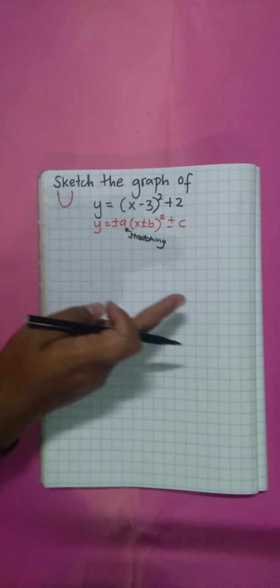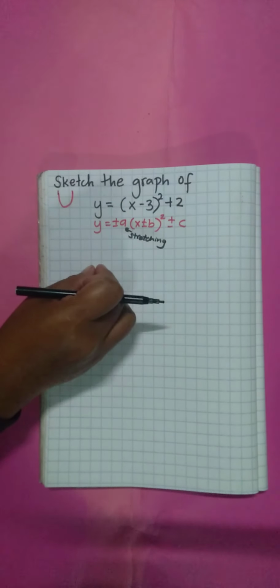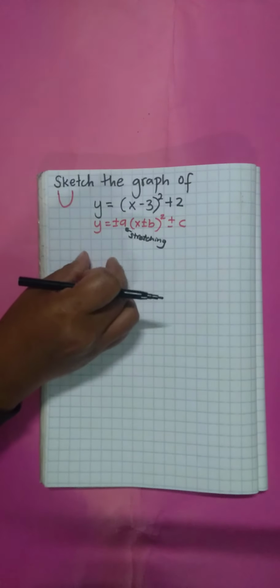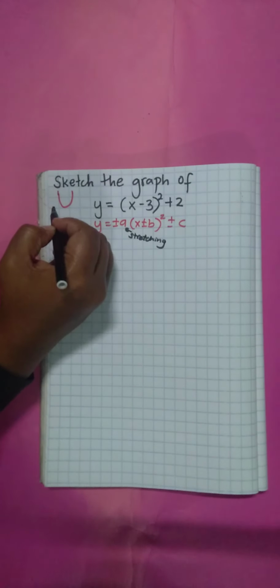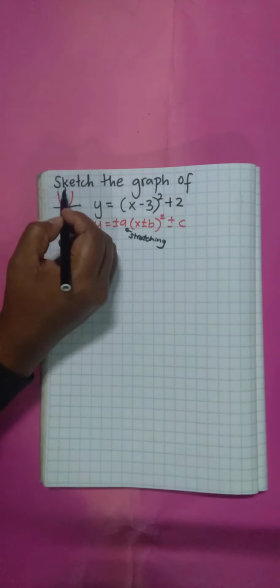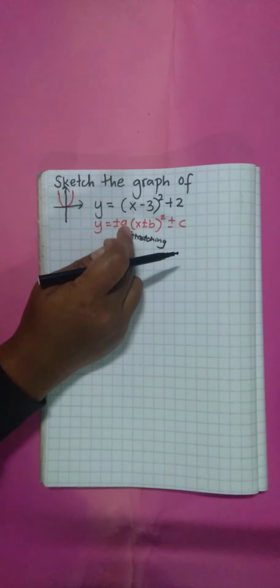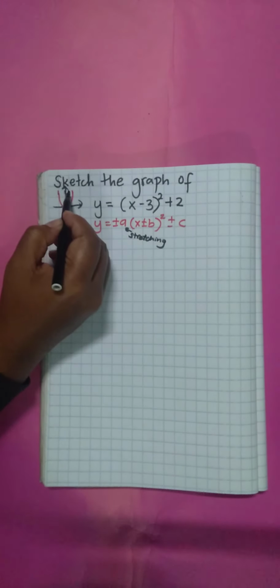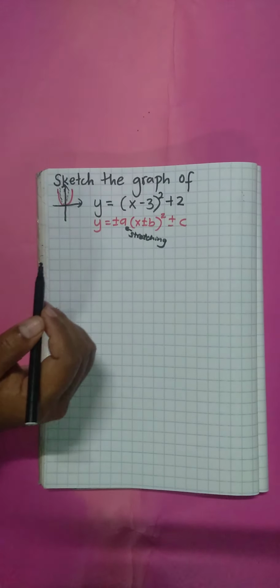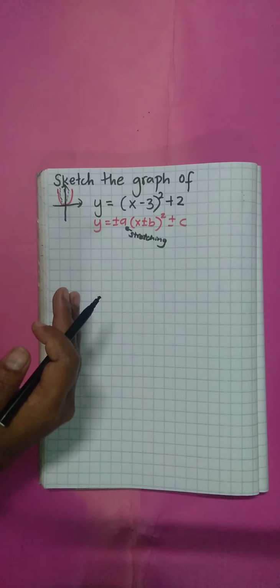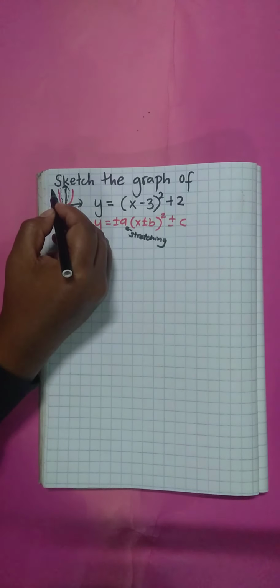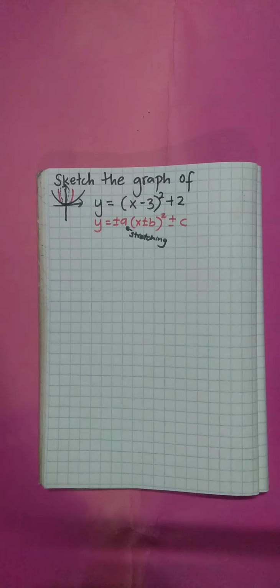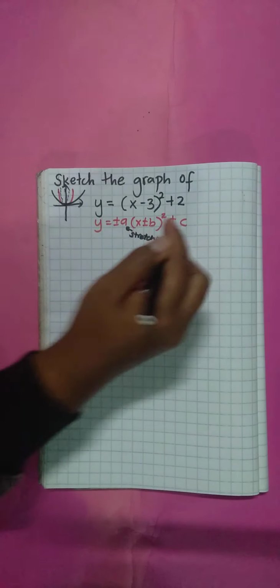If our a is greater than 1, then from the y equals x squared graph, it will be narrower than that. Let's take for example this graph. If our a is greater than 1, then it will be narrower, so it will be somewhere inside. If our a is between some interval which is less than 1 but greater than -1, then it will be wider than that.